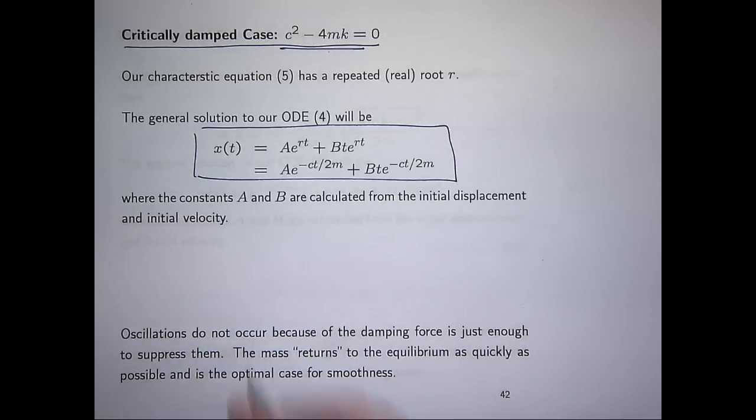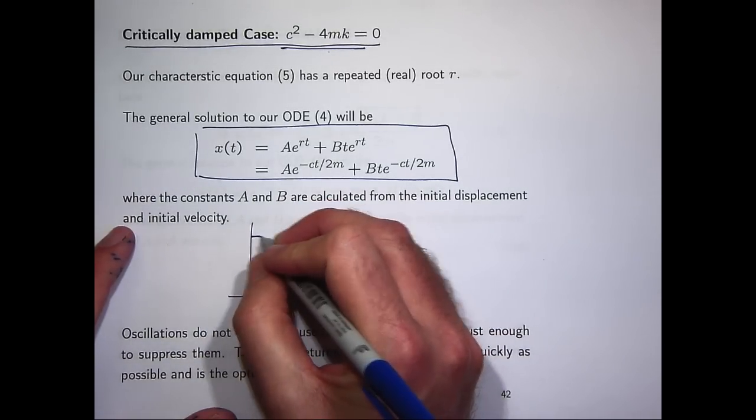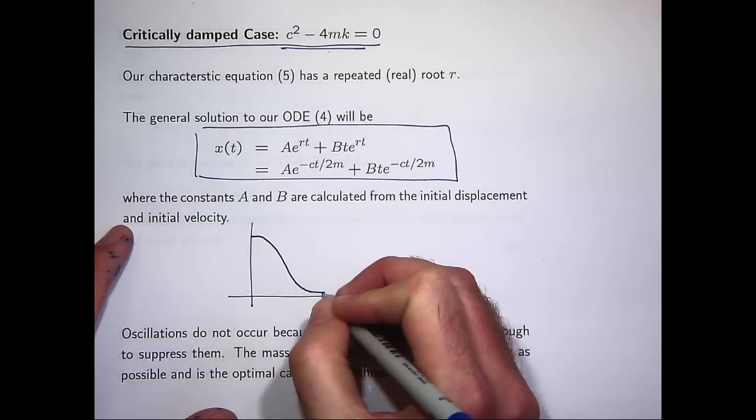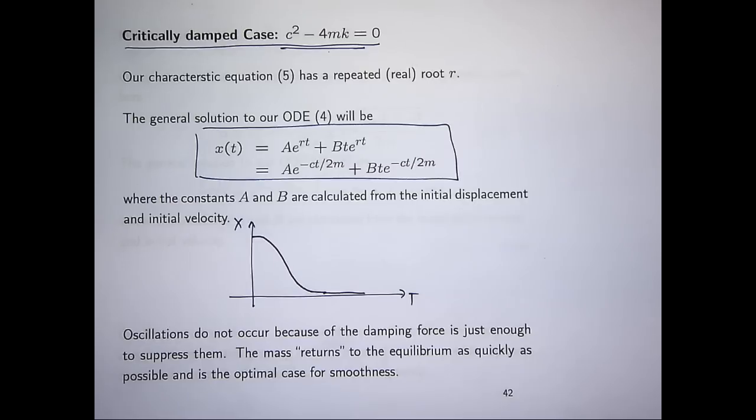So a basic graph here would be something like this. Okay, again, there's no oscillation because the damping force is just enough to suppress them.